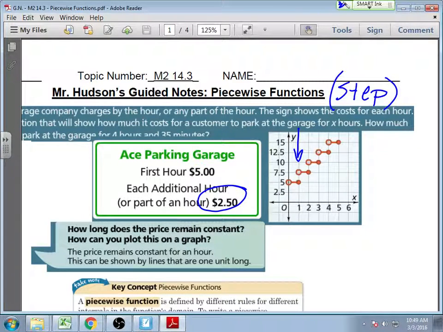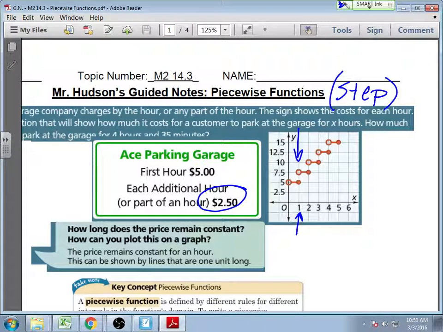There's already a point there because if I'm looking at 1 hour, how much I pay, if I leave at exactly 1 hour, I'm pulling out of the garage at my 60th minute, I would pay that $5. But then, if I get to my 60th minute and 5 seconds, I'm now into my second hour, so I bump up to my next step.